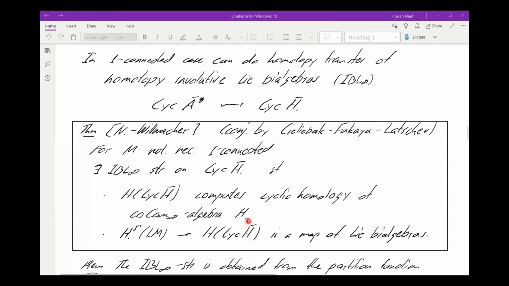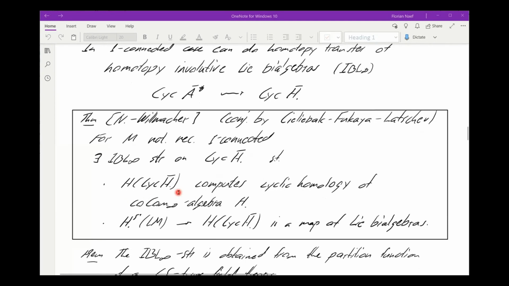Namely, it's the cyclic homology of the coalgebra of chains on the manifold. So in particular, we can still identify this with loop space homology, or at least there's a map in one direction, so it's not necessarily an isomorphism. But we can say that that map is a map of Lie algebras.